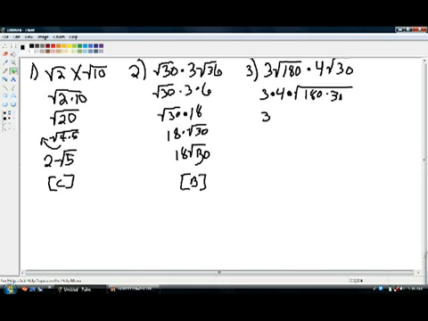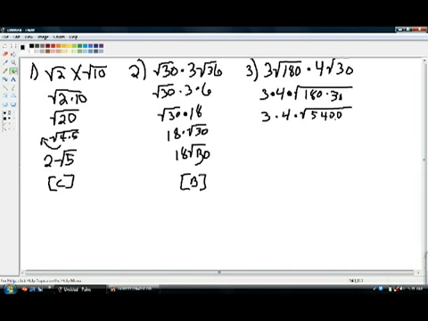Now I'm going to simplify this a little further. I got 3 times 4 times the square root of 180 times 30, which is 5,400. Now my goal here is to see if there are any perfect squares that I can pull out from under this radical.